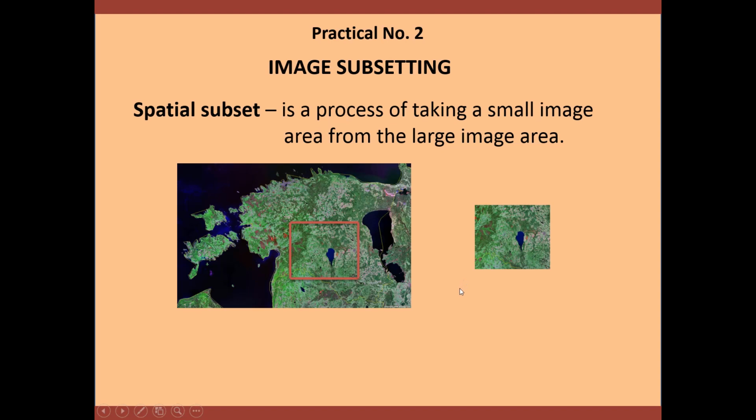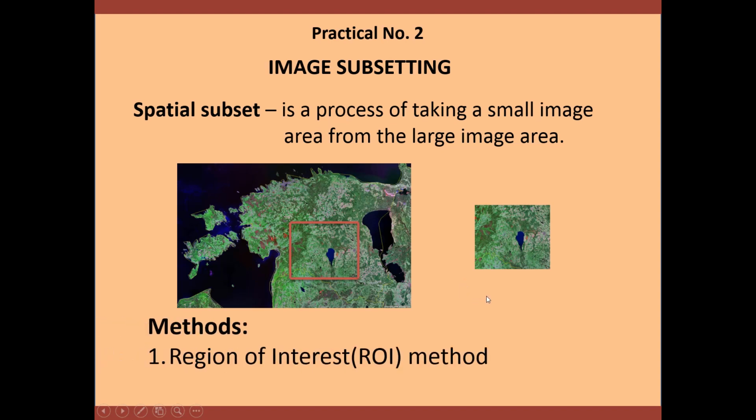So there are two methods of doing that. First, we have the region of interest method, or simply ROI method, and the second one is the coordinates method. But in this video, I will be doing the region of interest method only, and the coordinates method will be in the next video.